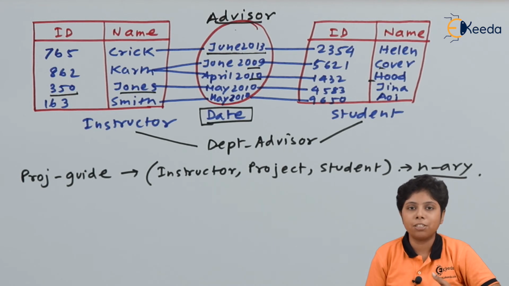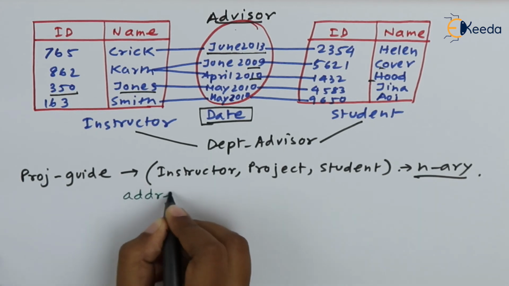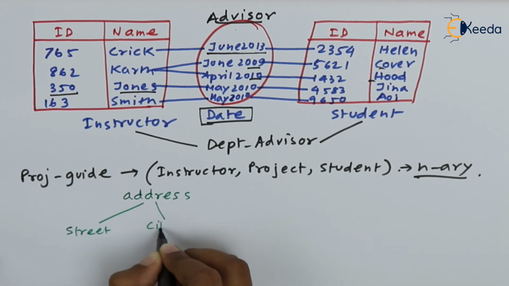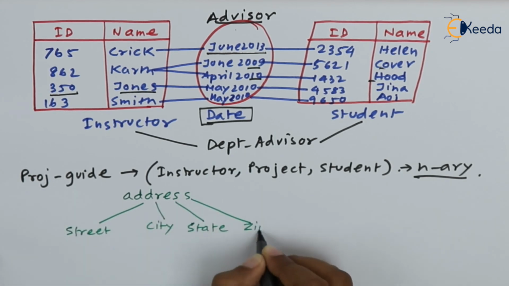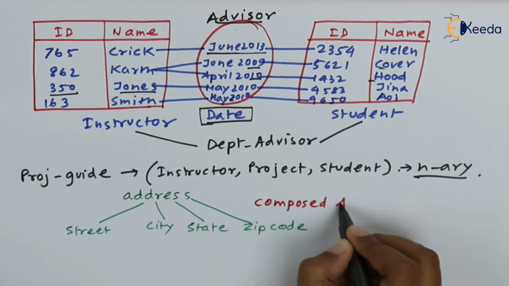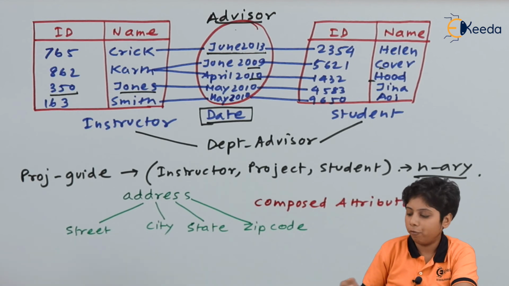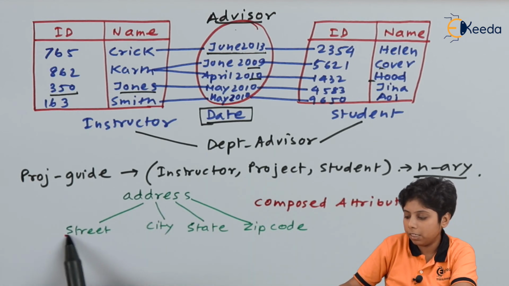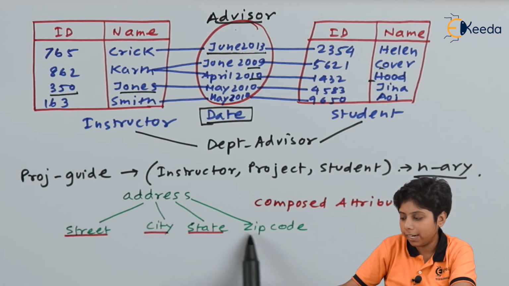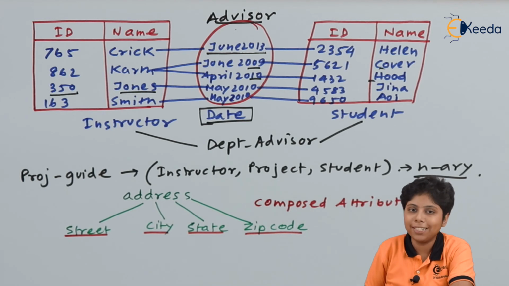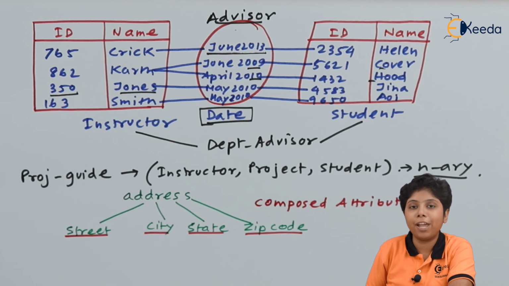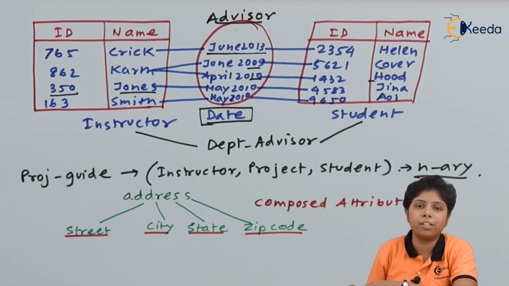Now we will know about the component attributes. Before knowing that, let's look at this tree. When we talk about an address attribute, we know that the address can be split into street, city, state, and zip code. So that is a composite attribute. Now, what happens if any of the composite attributes can also have other attributes?